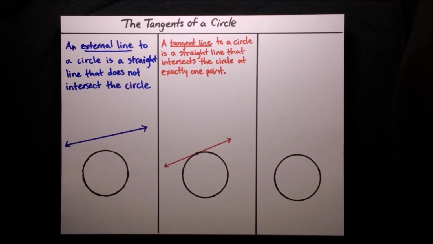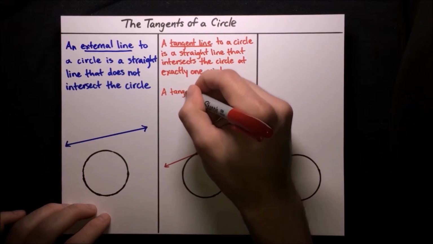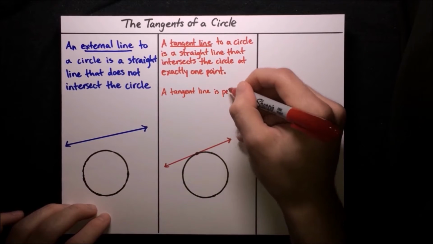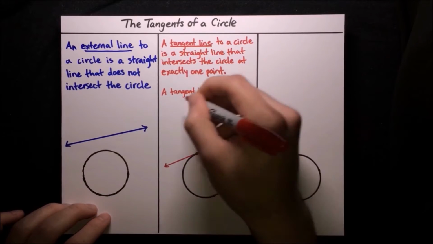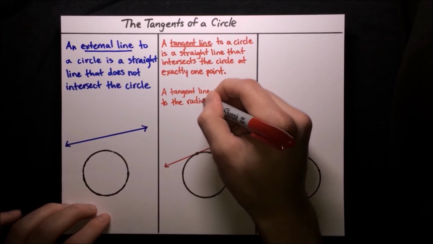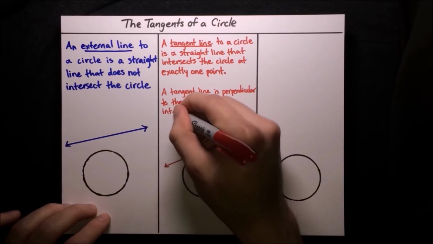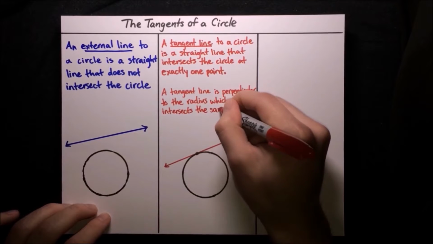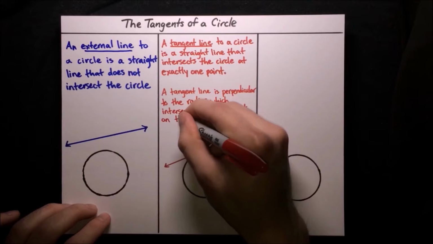Now, one cool thing about tangent lines is that a tangent line is perpendicular to the radius which intersects the same point on the circle.